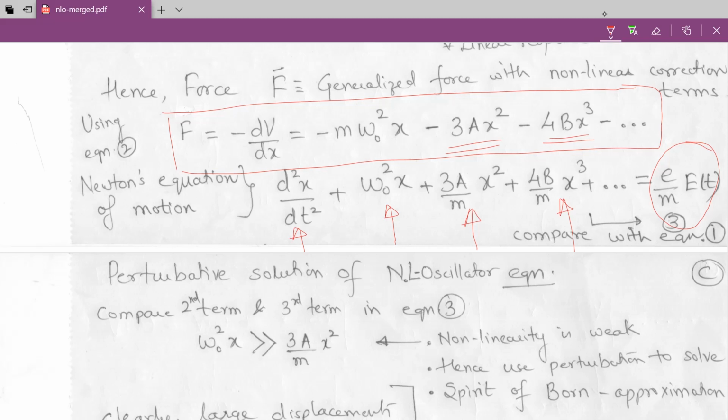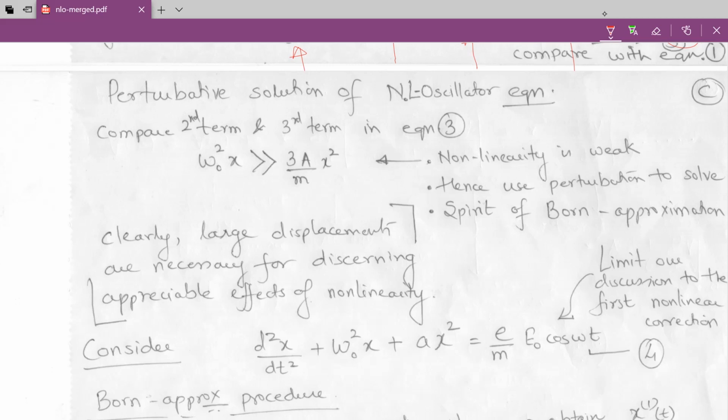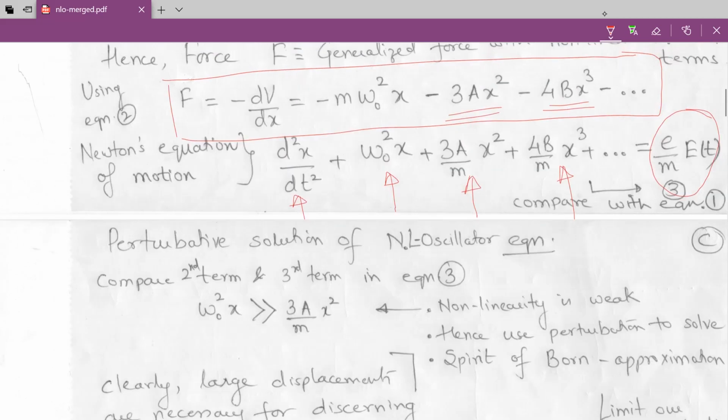So now what we want to do is solve this nonlinear equation and come up with a solution. There are multiple ways of doing it. One is a perturbative solution to this nonlinear oscillator equation. So now let us compare. My harmonic term, or the linear term, is the second term, right? This term. And I'm comparing the linear term and the nonlinear term.